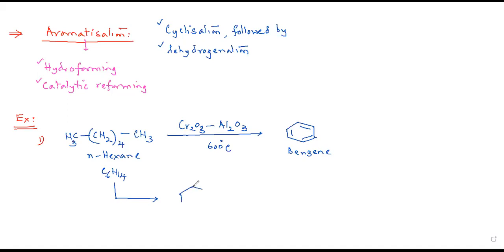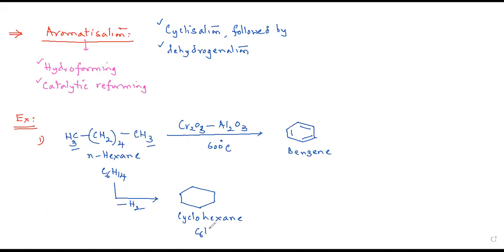First step is the cyclization. Now, two hydrogens are removed to get cyclohexane.